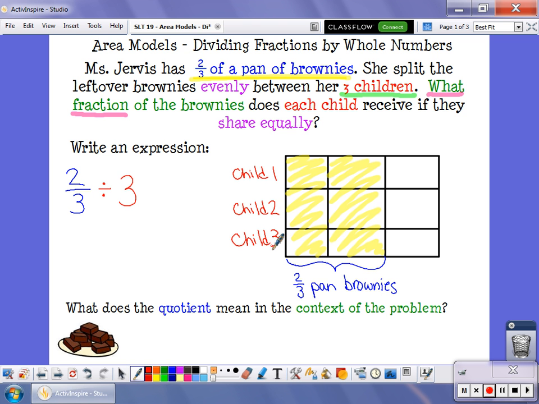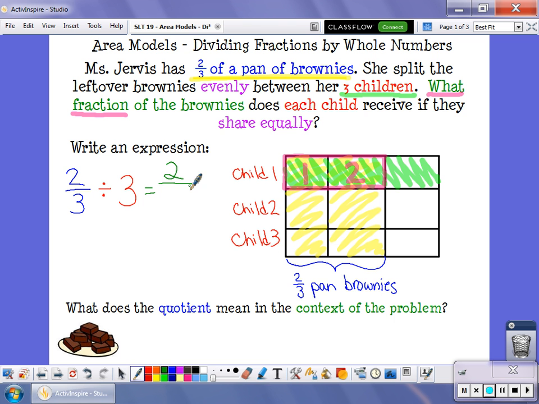So each child is going to get to eat this much. Now remember, this little section over here that's just green, that part was already gone to start with. So what's left, each child really is just going to get to eat this much. Each child is going to get to eat 2 sections of this original pan of brownies.